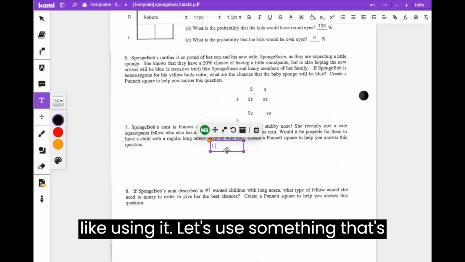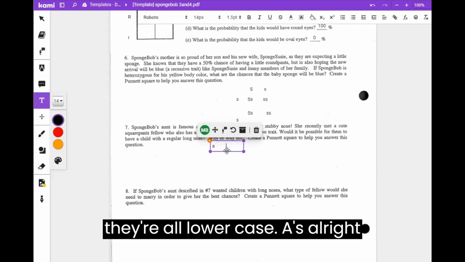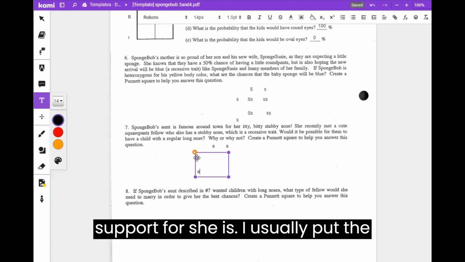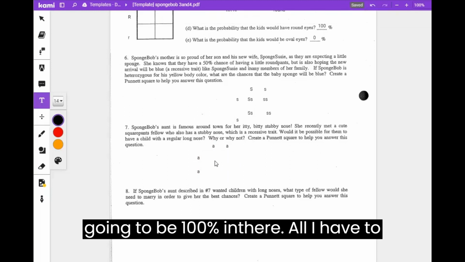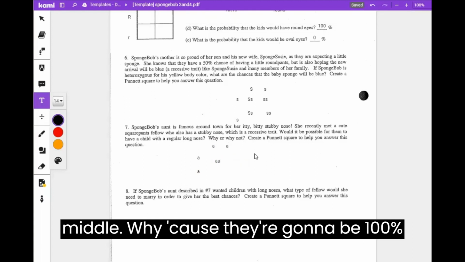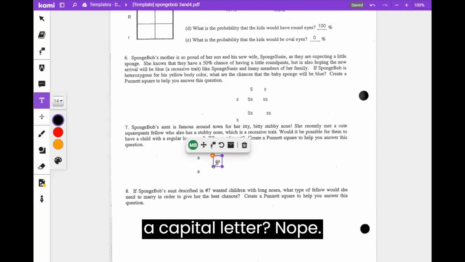Let's use something like lowercase a, so you can see they're all lowercase a's. I usually put the females' letters on top. They're always going to be 100% in there. All I have to do is go a, whoops, a in the middle. Why? Because they're going to be 100% that way. Can they ever have one that has a capital letter? Nope.